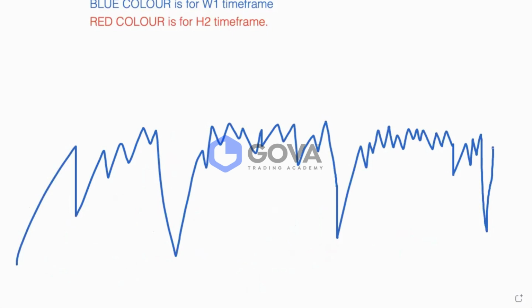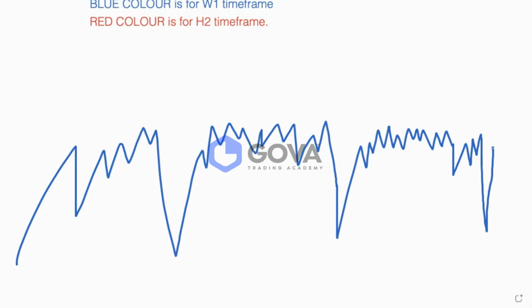And then on a lower time frame, like maybe H3, H2, H4, H8, you saw a brief drop-based rally zone around here, and you expect market price to come back into the zone.